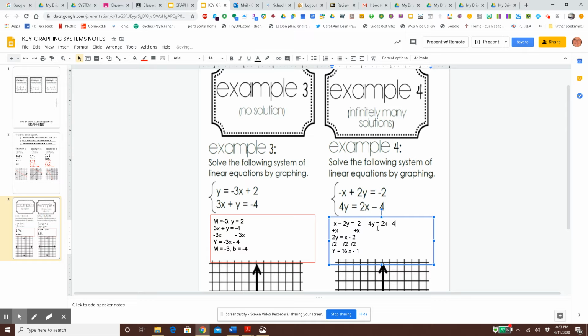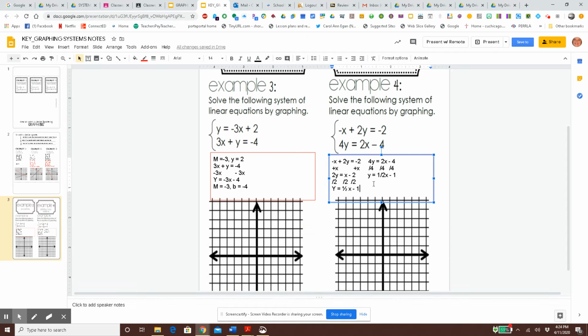Doing the second equation, I'm going to have to just go down because it didn't have enough room there. So I'm going to have to divide everything by 4 to get y isolated by itself. I'm going to use my arrow key to move down and spacer to move over. So I'm going to end up with y equals 1/2 x minus 1.